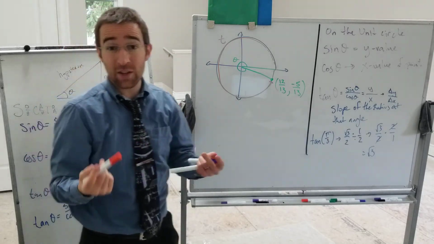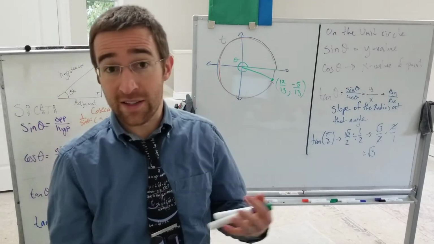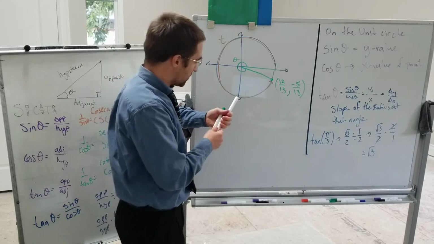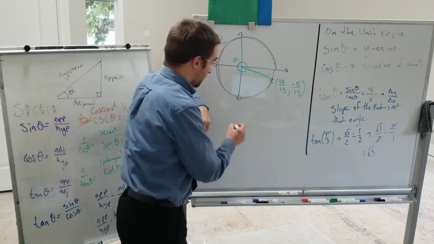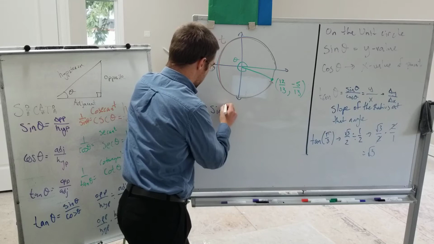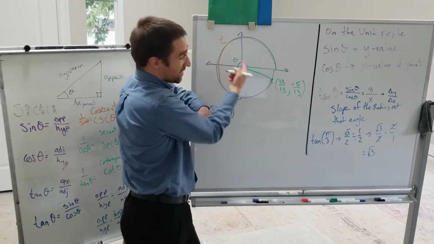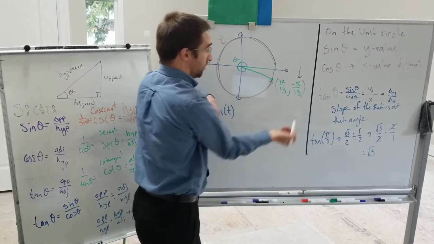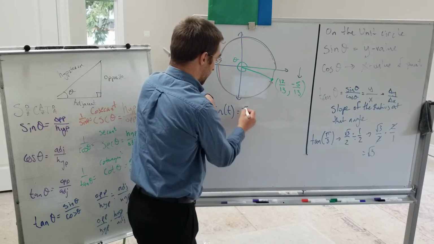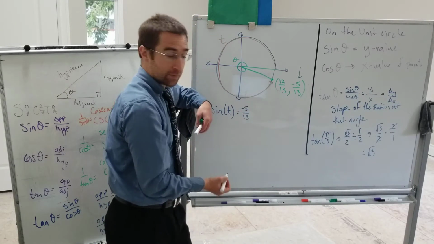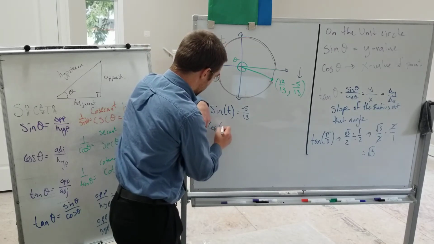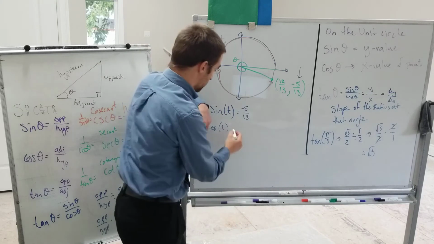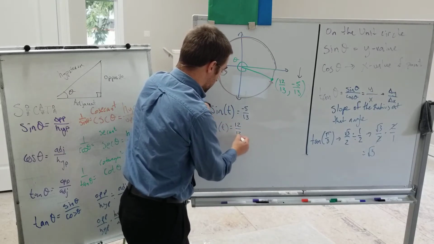Now remember, if it's on the unit circle, theta in radians is equal to the value of t, right? Because it's on the unit circle. So if I want to find the sine of t, it's the same as finding sine of theta, and it's just going to be the y value on the unit circle. So it's negative 5 over 13. If I want to find the cosine of this angle, or t, it's going to be the x value. So it's 12 over 13.